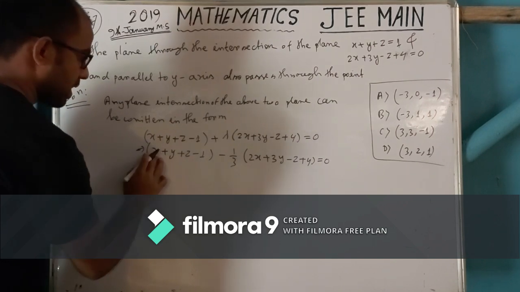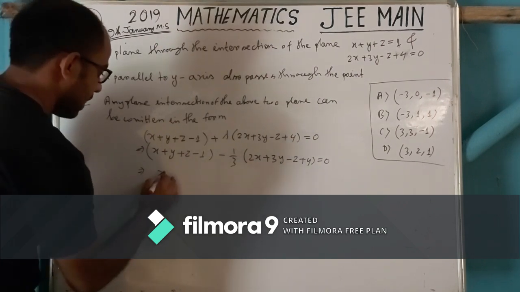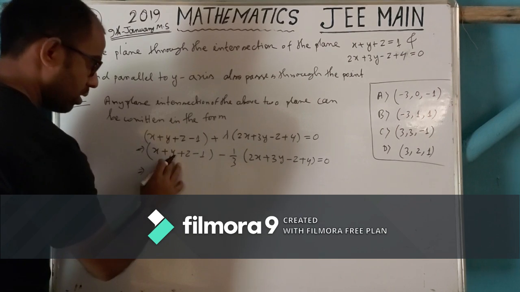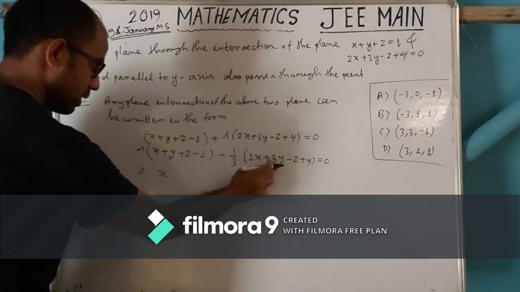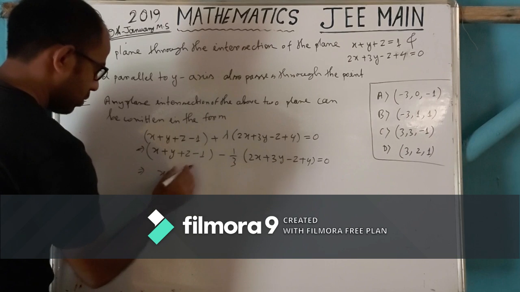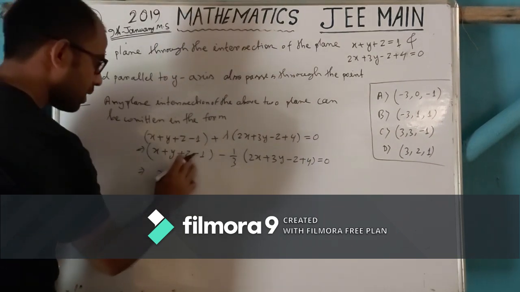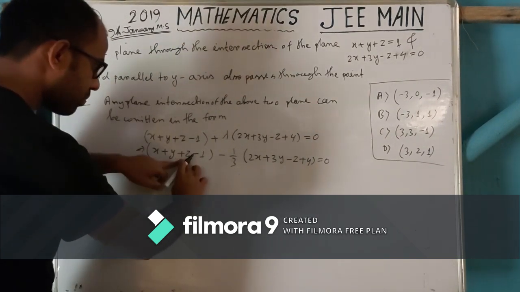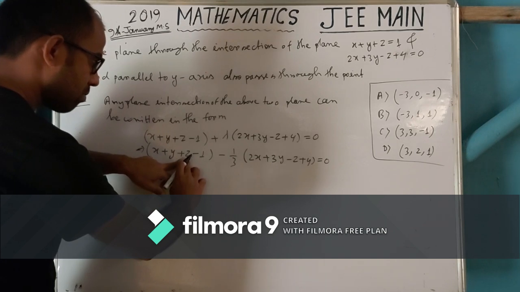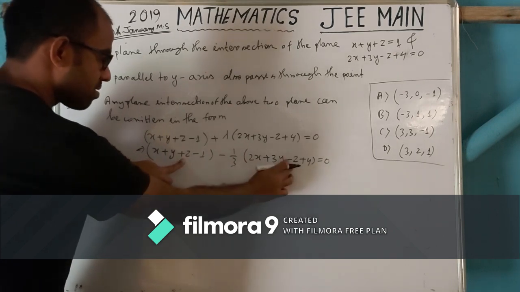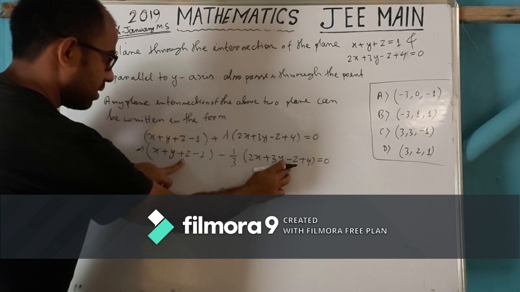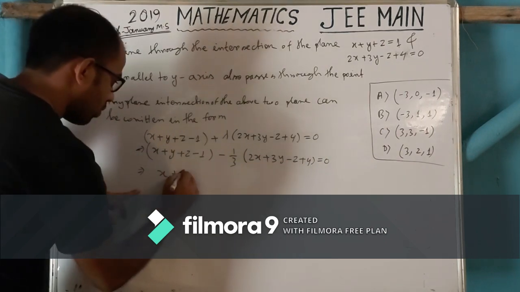3x minus 2x, that means x. 3y minus 3y, that means 0. 3z minus plus z, that means 4z.